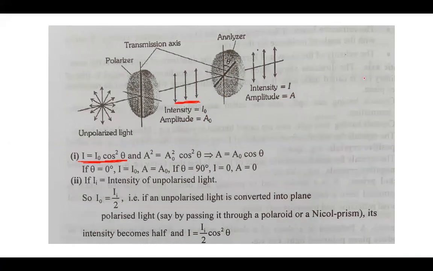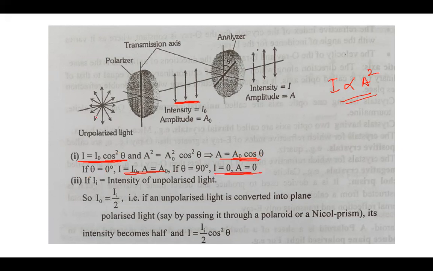You know that I is directly proportional to the square of the amplitude. So A squared, if written, A is equal to A naught cos theta. So if theta is 0, I is equal to I naught, A is equal to A naught. ಆಯ್ತಾ. If theta is equal to 90, it becomes 0.